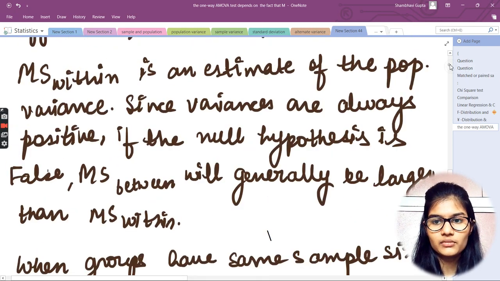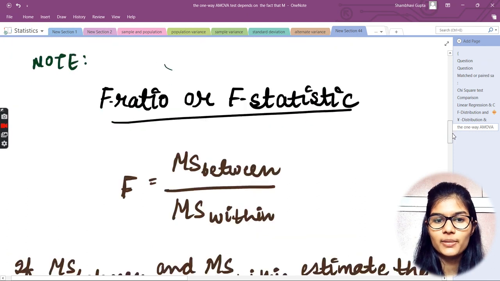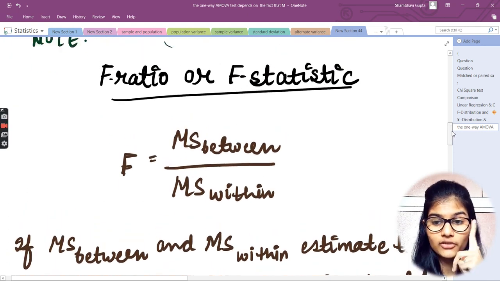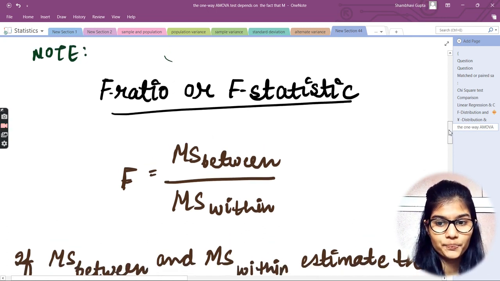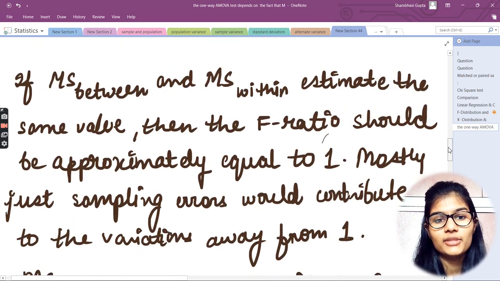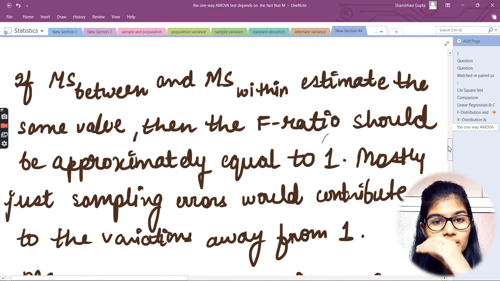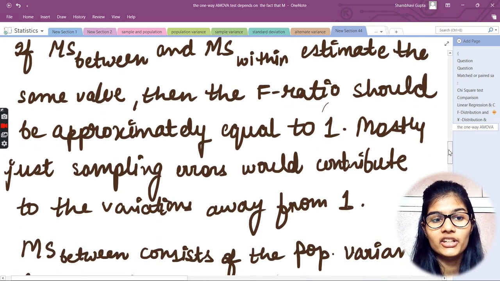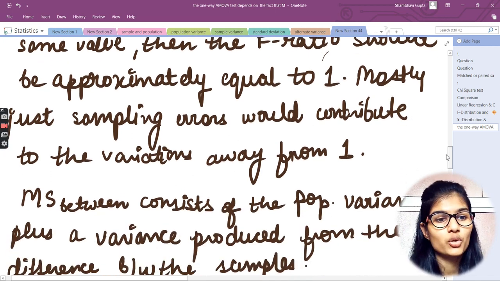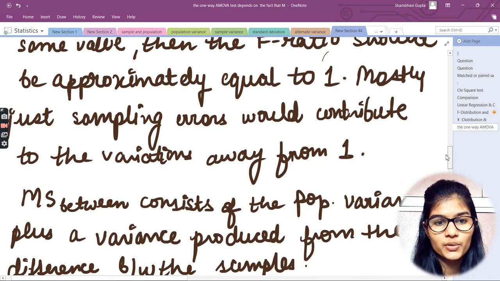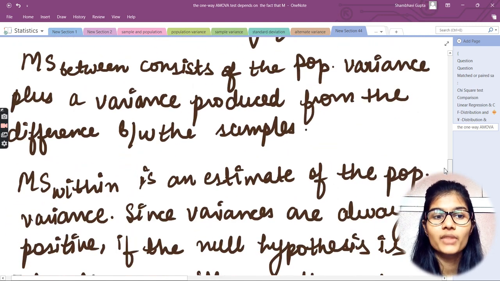So let me go above. This is about the F ratio or the F statistic. The formula is F is equal to MS between divided by MS within. If MS between and MS within estimate the same value, then the F ratio should be approximately equal to 1. Mostly the sampling errors would contribute to the variations away from 1.